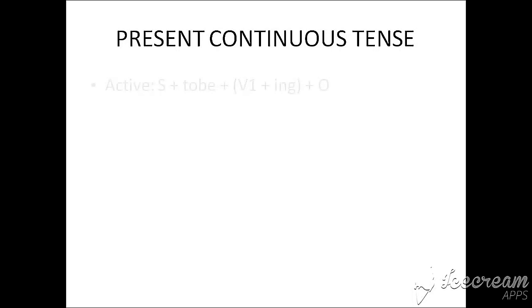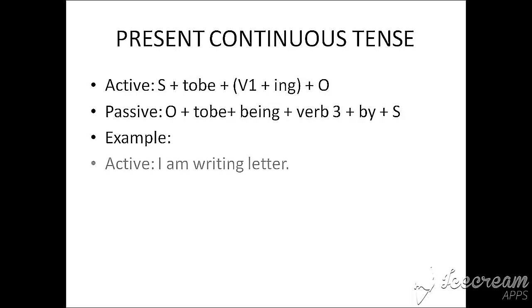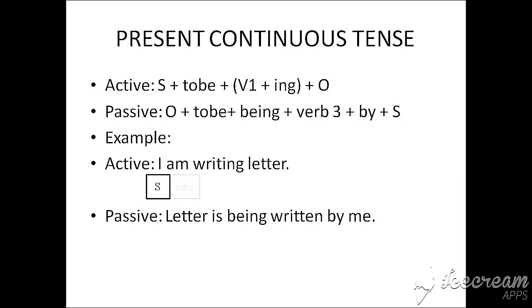There is present continuous tense, with the active and passive formula there. The example in the active is I'm writing a letter. The passive is the letter is being written by me.